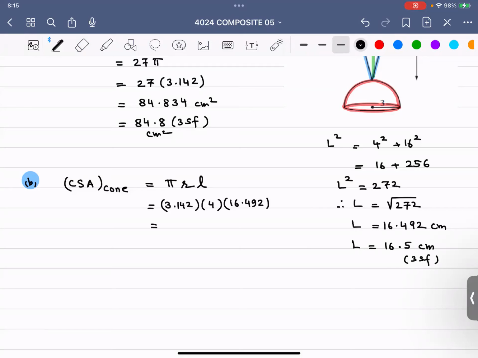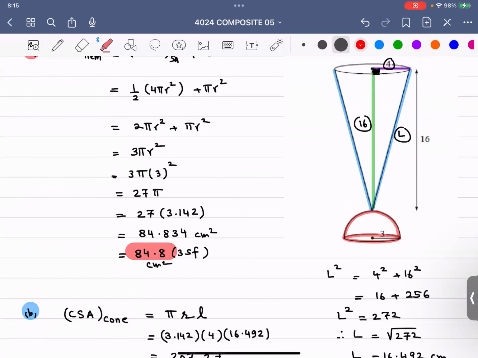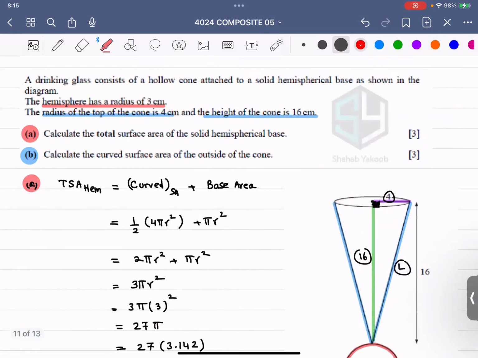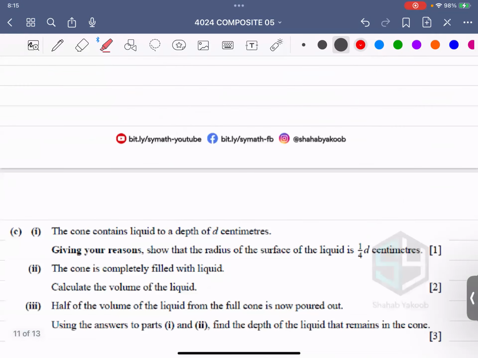This comes out to be 207.27. Let me write this as 207 centimeters square, correct to 3 significant figures. So now let me highlight the parts that we have done. So this is the answer for this part, and the answer for the top part is this thing. The two parts are done. So let me first check the result. 84.8 and 207.